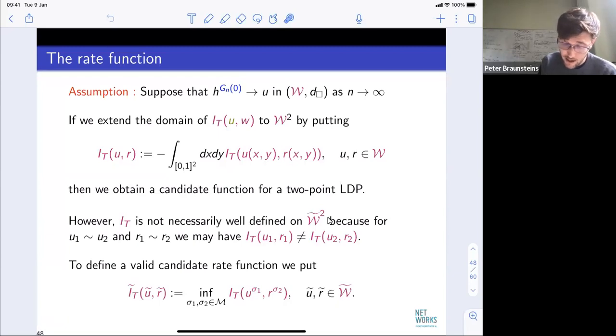Okay, so this rate function is a function on W, but we want to work on this space because it's compact. So we need to slightly change the definition of our rate function, and we do that by again using our relabelings, so our measure preserving bijections.